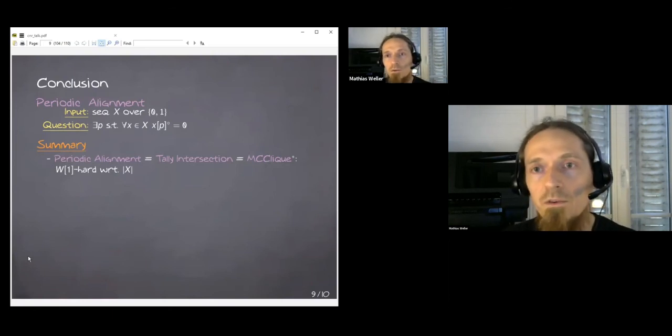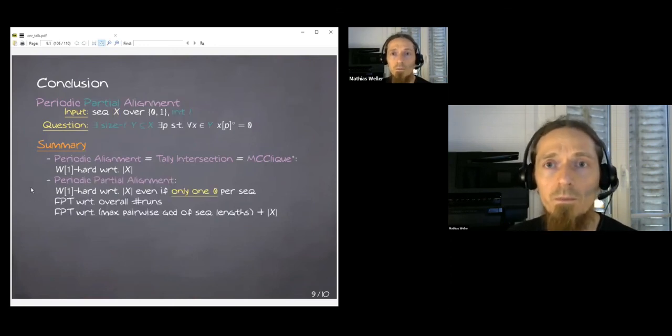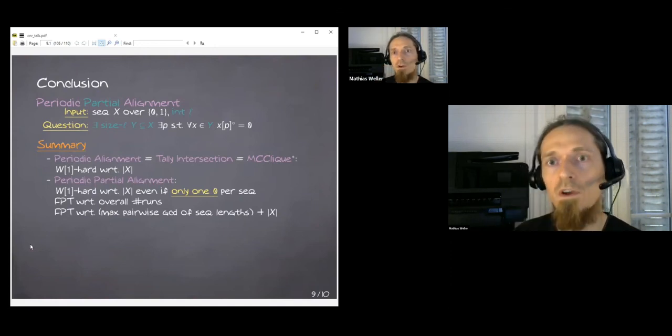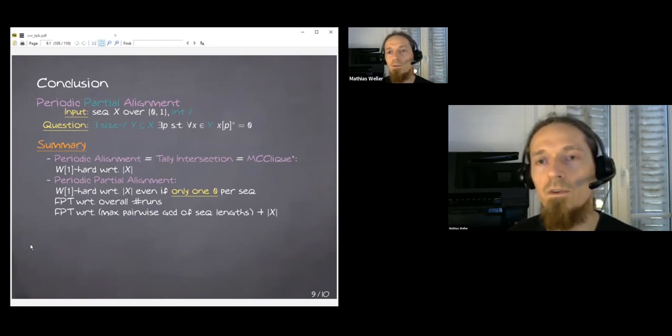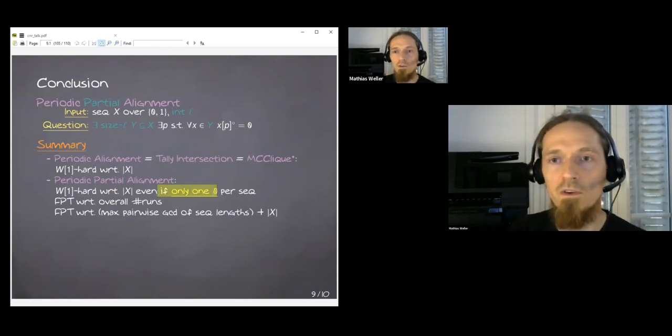It's also equivalent to tally intersection, and it's W[1]-hard with respect to the number of sequences given. We also looked at this partial problem where instead of having all the sequences 0, you have to select L sequences, which have to be 0 at some point. So in that case, you can even show hardness if all the sequences have only one 0.